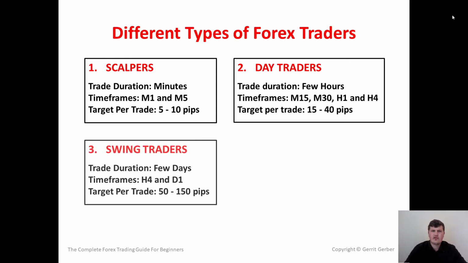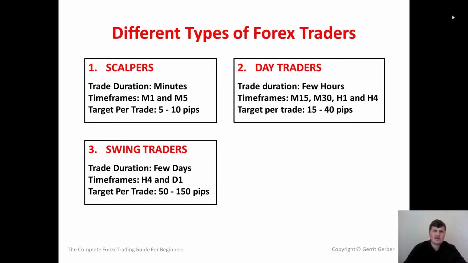Now, the third group of Forex traders you'll find is swing traders, and they tend to have a trade duration of a few days to a week at most, and mainly focus on the time frames of the hour 4 and the daily time frame, and they tend to target a 50 to 150 pip range per trade.